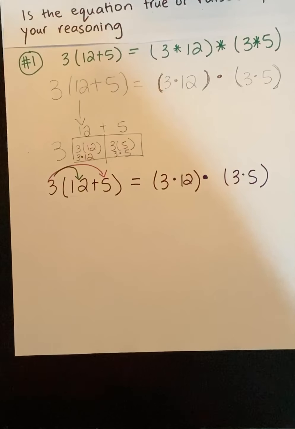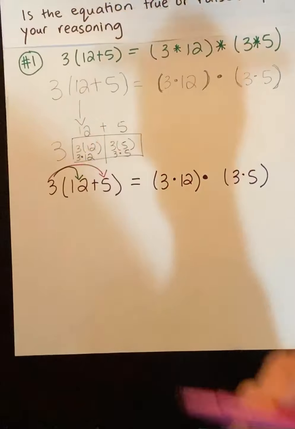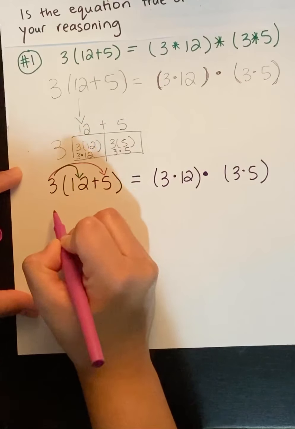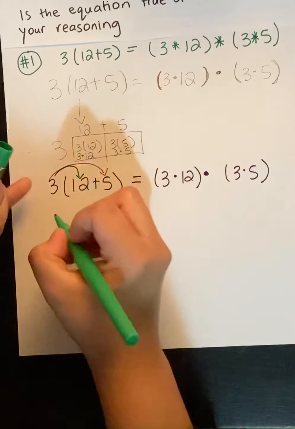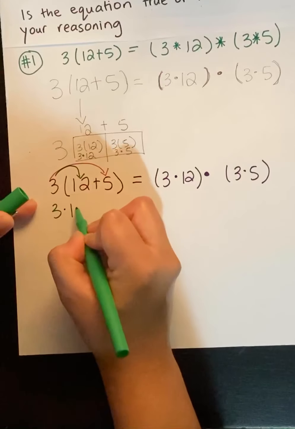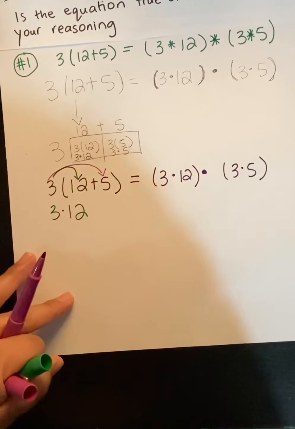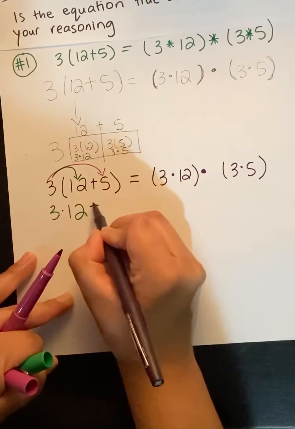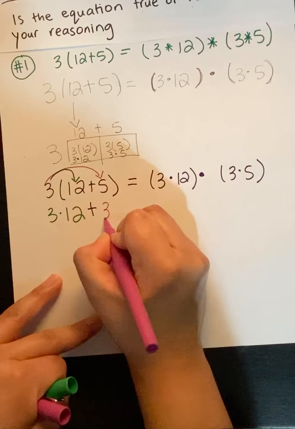Okay? So if I were to rewrite that here, that's 3 times 12 plus 3 times 5.